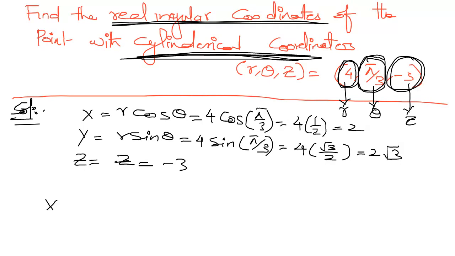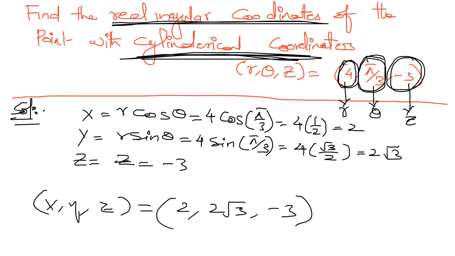So x, y and z is equal to 2, 2 times square root of 3, and minus 3. This is the rectangular coordinate.